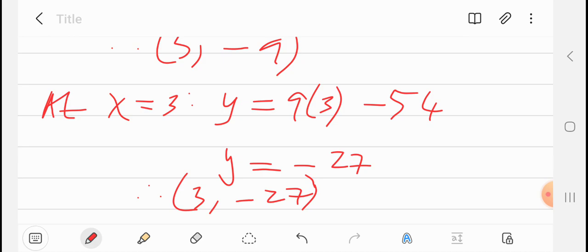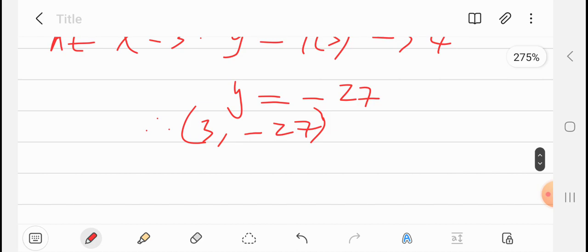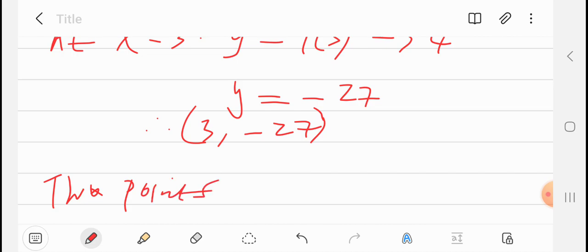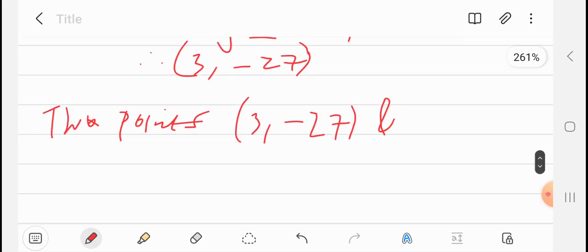With this we infer that we have two points: 3 and minus 27, together with 5 and minus 9.